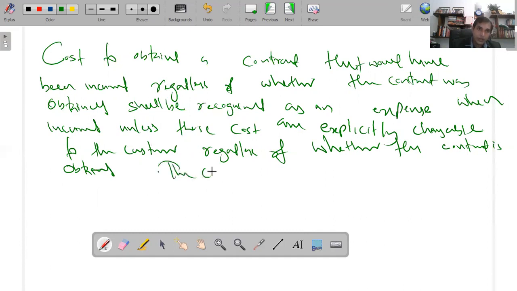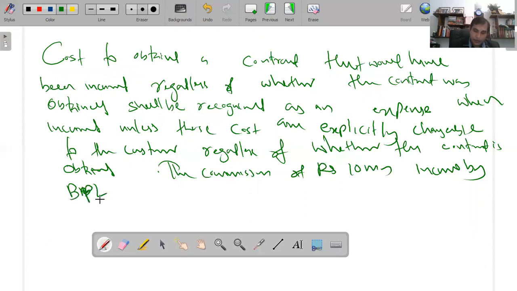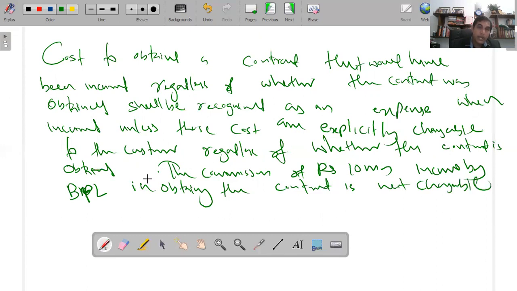The commission of rupees 10 million incurred by BPL in obtaining the contract is not chargeable to the customer, should be recognized as an expense.